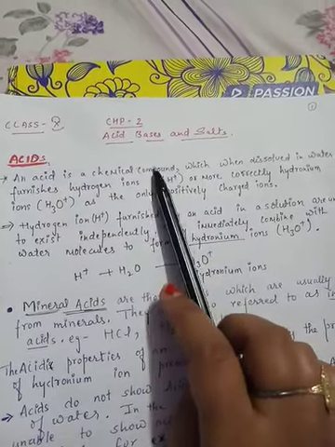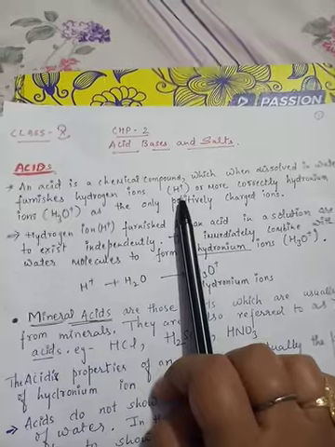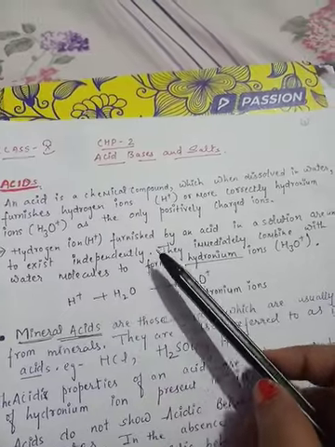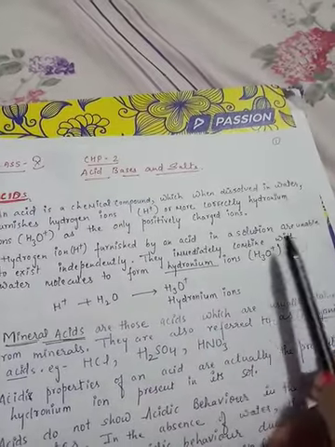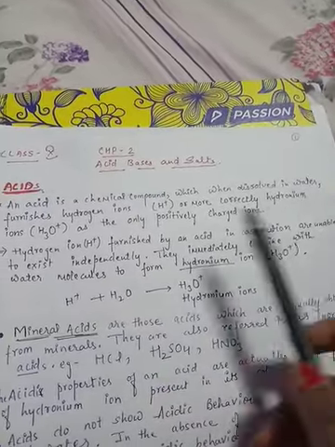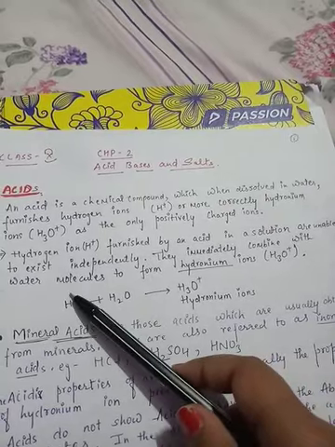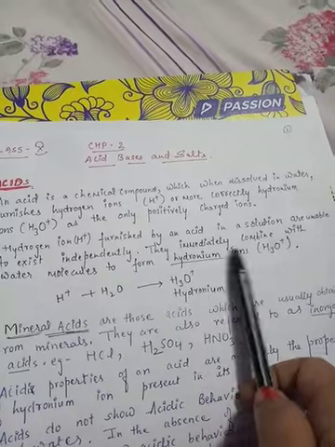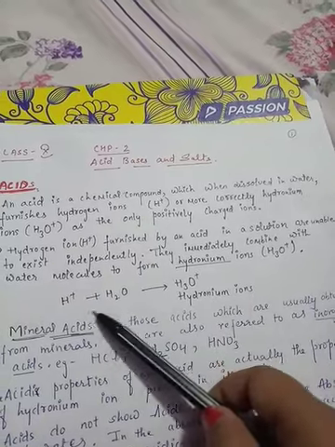Why? They are releasing hydrogen ions, H positive ions, but the H positive ions released or furnished by an acid in a solution are unable to exist independently. That is why they immediately combine with water, like this reaction.